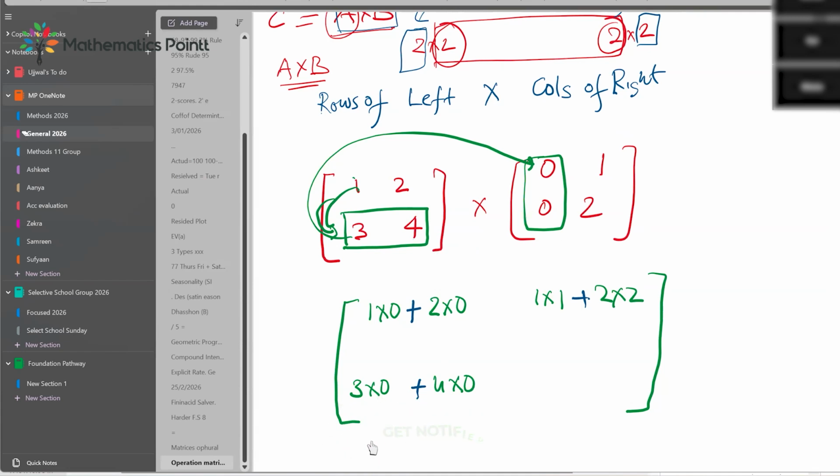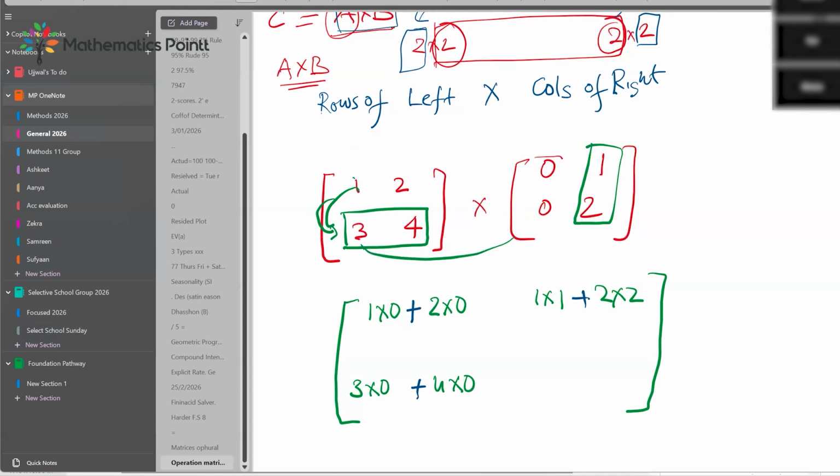And then I simply move the column again. And I do the same thing. 3 times 1 plus 4 times 2.